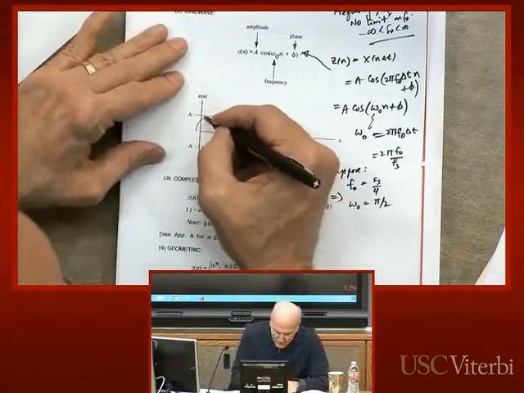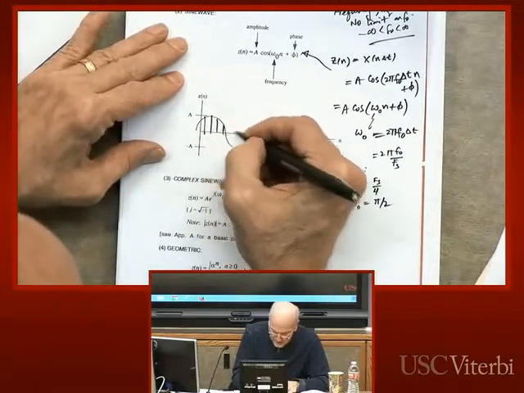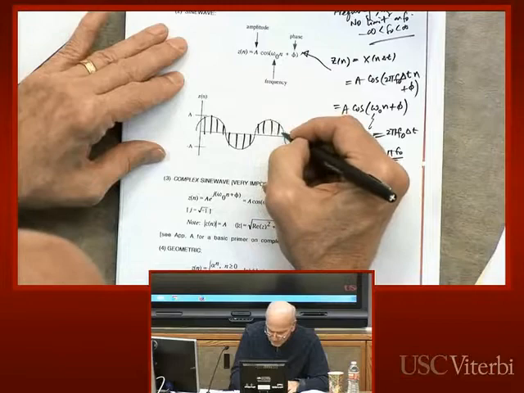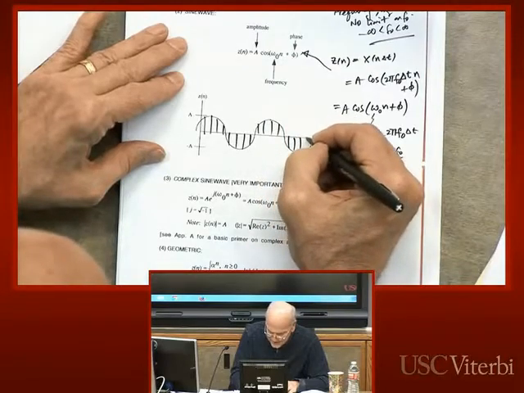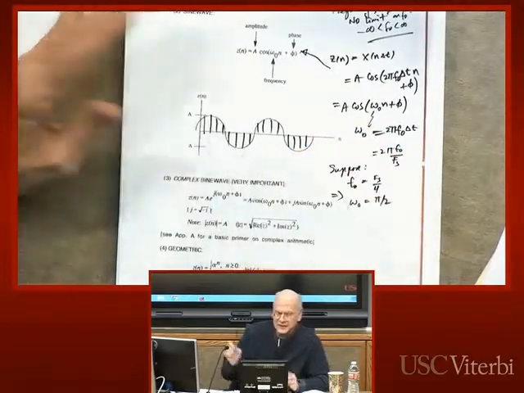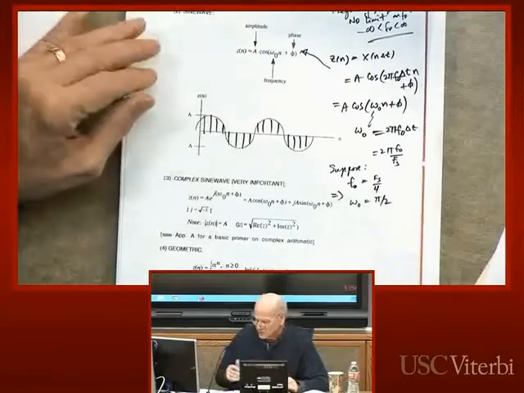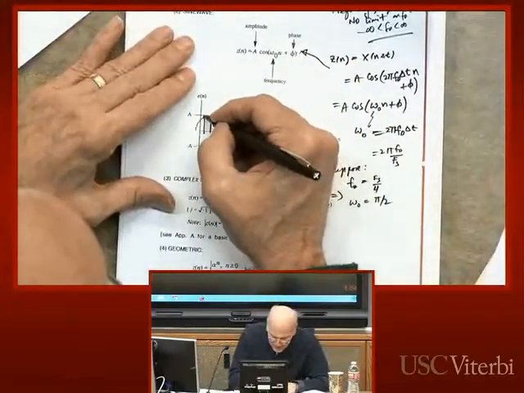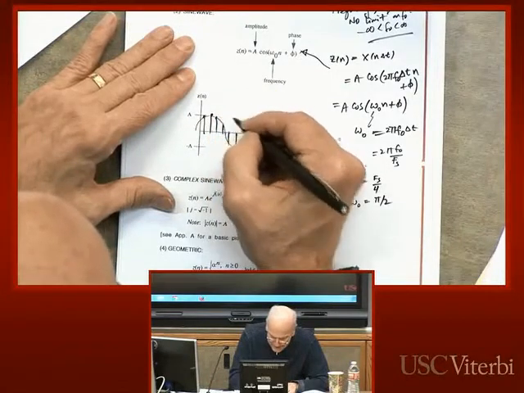And by the way, I should sketch these in. You get something like this. Even though when I draw these, what I'm actually drawing is the envelope of the sine wave. That's a continuous curve. The actual discrete time sine wave values are going to be these little dots, see?